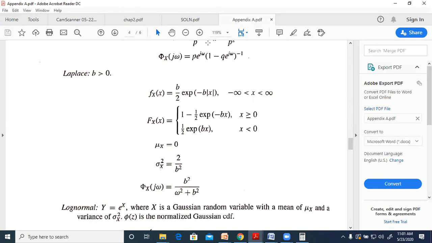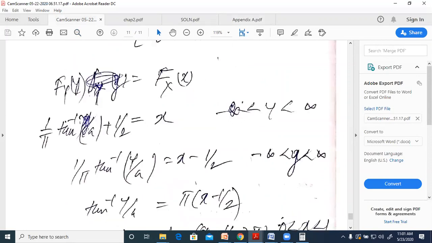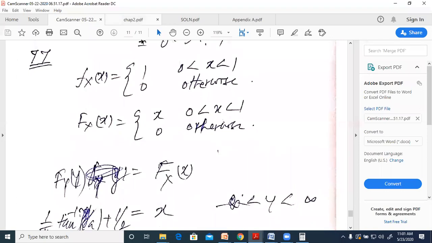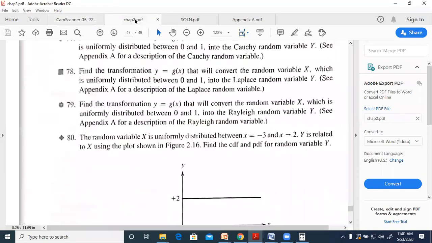Is it that which we have taken? Just check it out. No. So am I doing that only or something else? 77. What is 77? Laplace. But Laplace is not that. So what is that one which is there here?